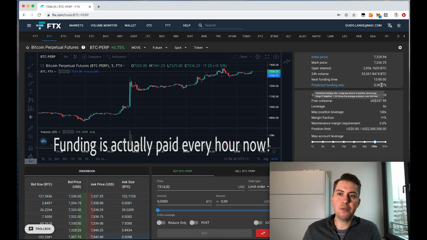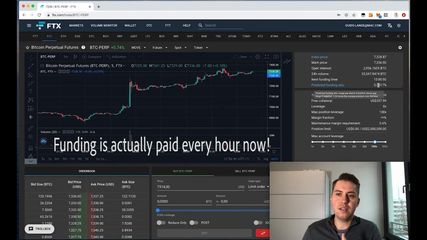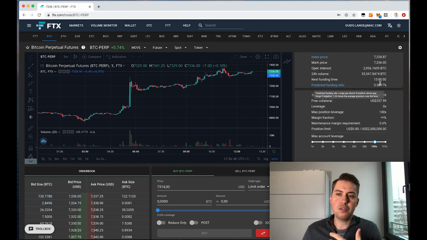And the current funding rate you can see here. How it works is that funding really depends on whether most of the people are short or long. Right now the funding rate is positive. That basically means most people are probably long, so longs are paying shorts.